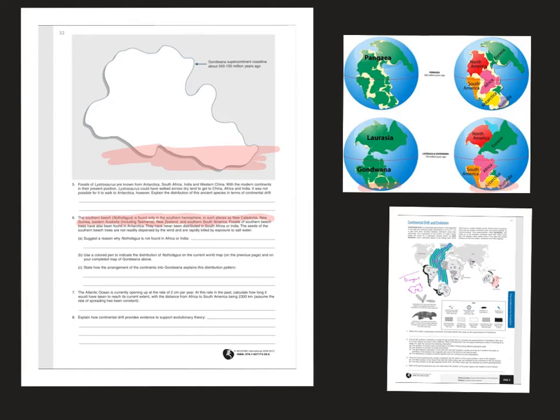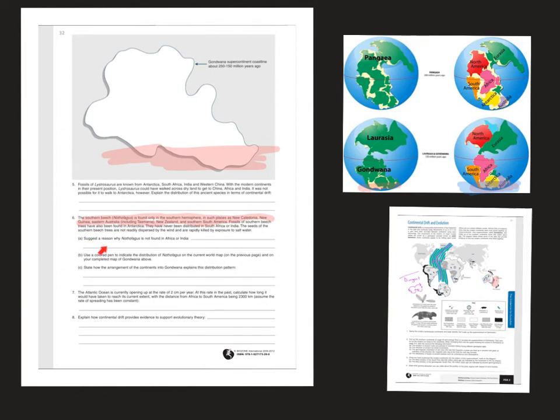I don't know why I can't get that darker, but as you're looking at Australia, Antarctica, southern tip, you circle this, that includes all those lands that we just discussed. And at what age would that rock be? About 160 to 70 million years ago.